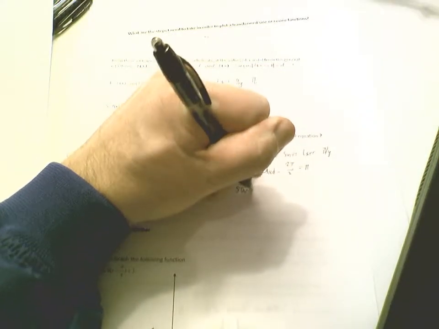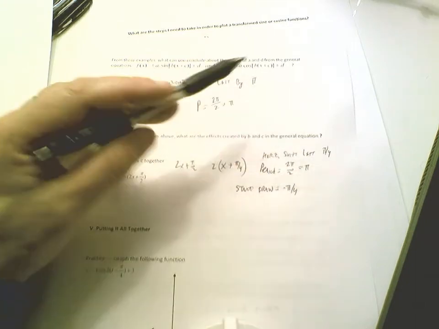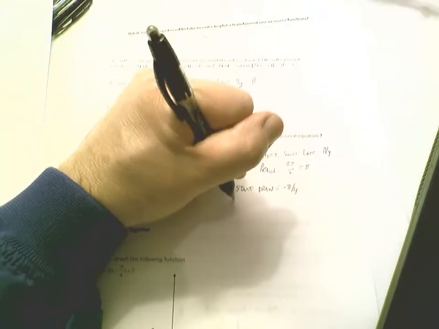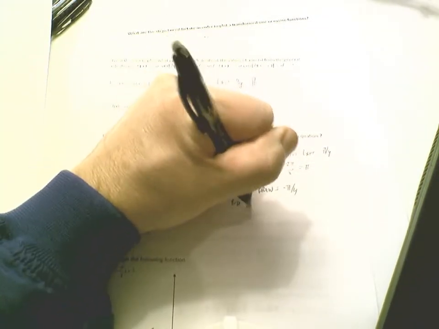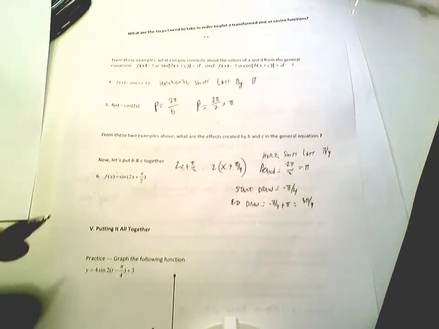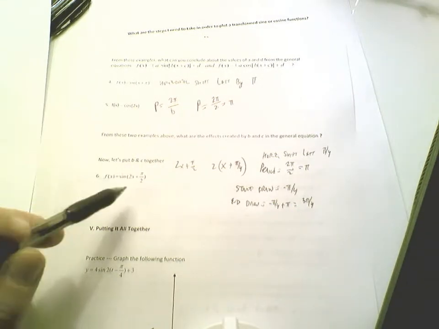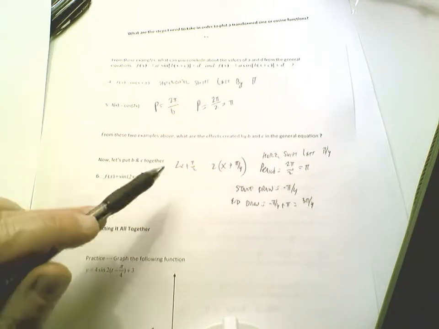Now I'll start drawing, so I write start draw equals negative pi over 4. My period is pi. That tells me that my end draw equals negative pi over 4 plus pi, or 3 pi over 4. And so that's the result that I'll walk into by putting these two pieces together.